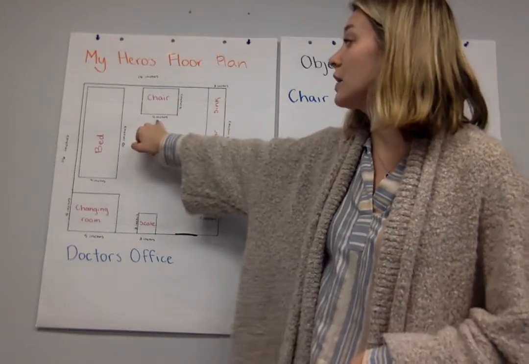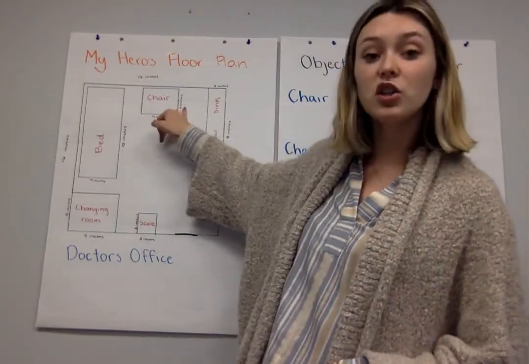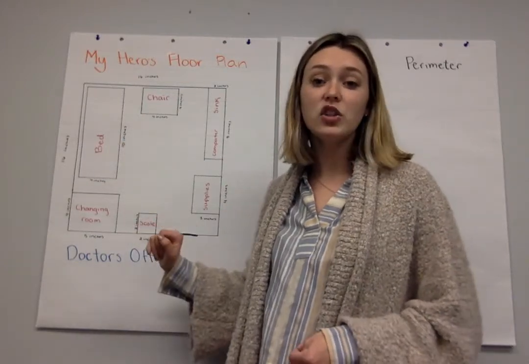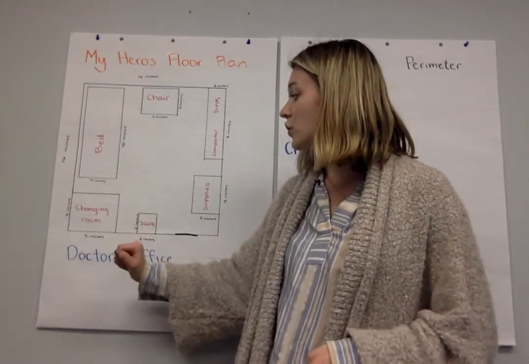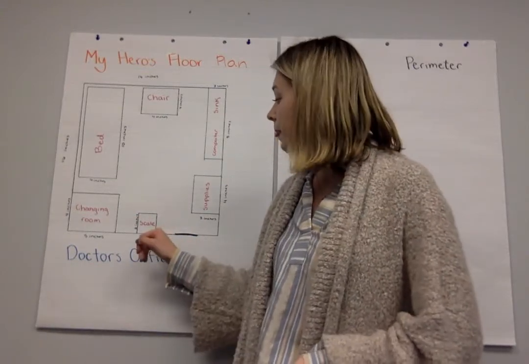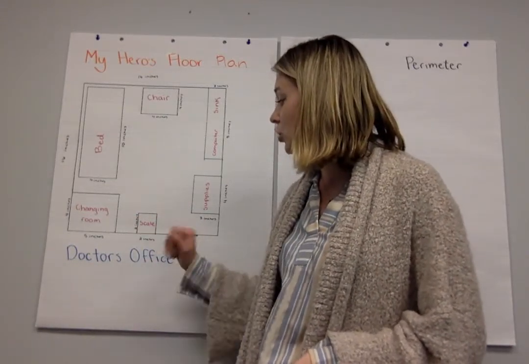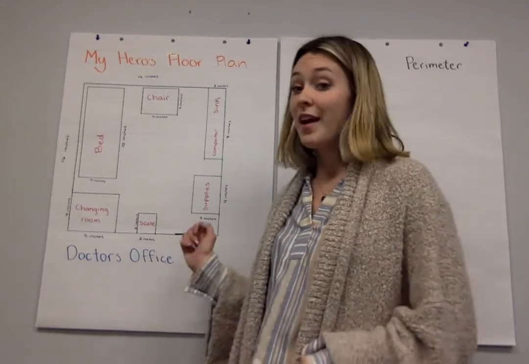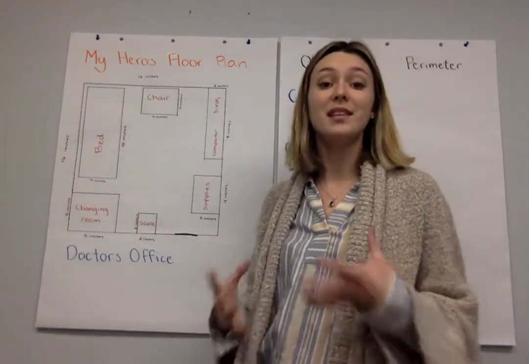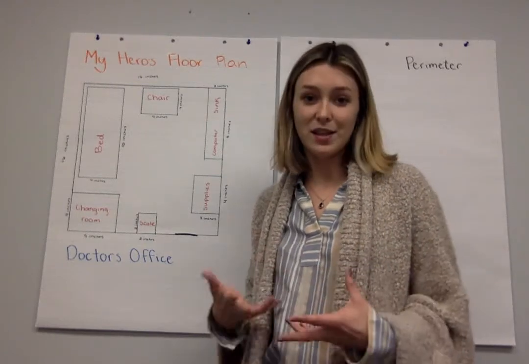Our chair is 4 inches by 3 inches. Our bed is 4 inches by 10 inches. Our changing room is 4 inches by 5 inches. Our scale is 2 inches by 2 inches. And most importantly, our entire doctor's office is 16 inches by 16 inches.